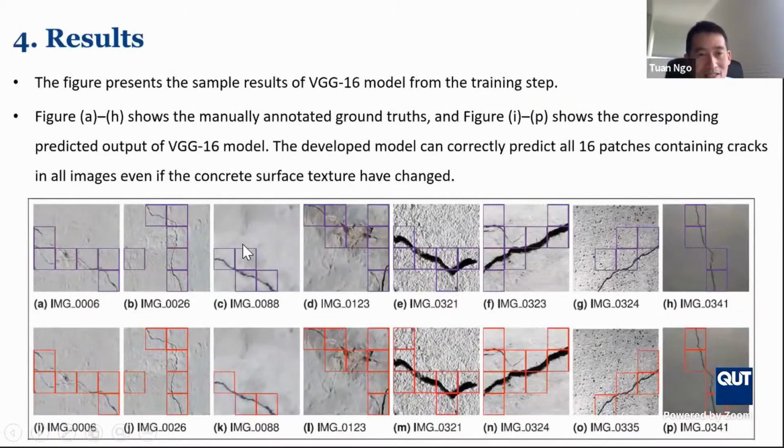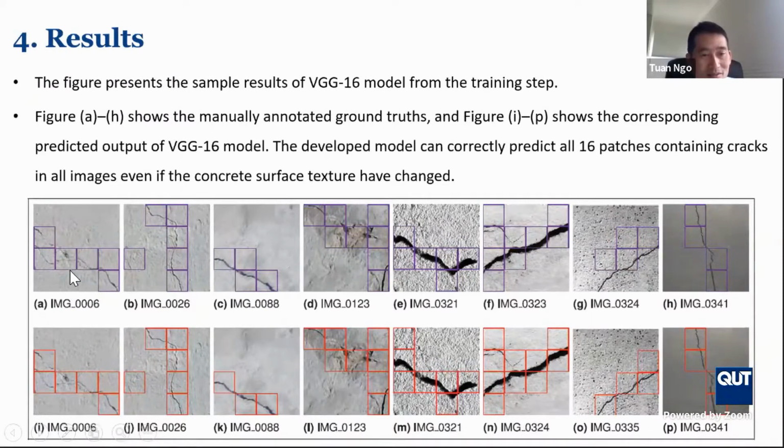The result here, you can see in these slides, presents just one case, which is the VGG16 deep learning model. You can look at the images from left to right.